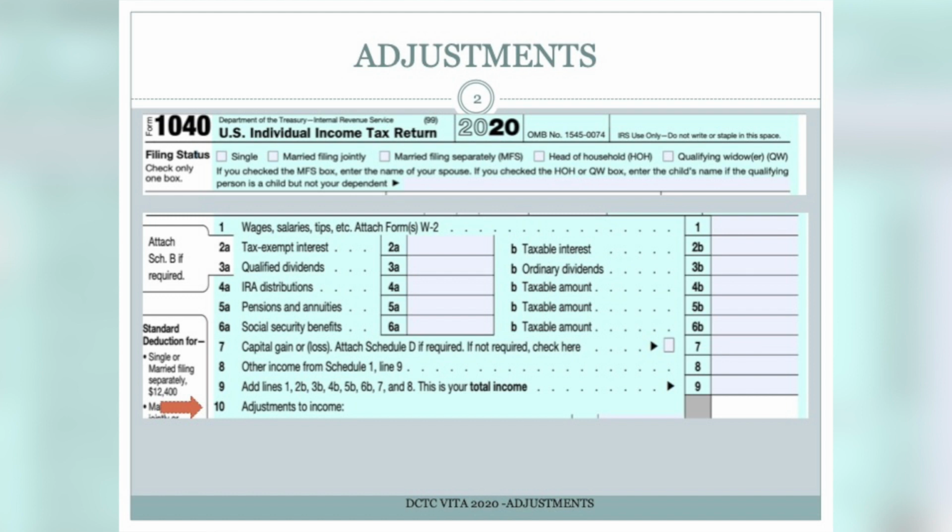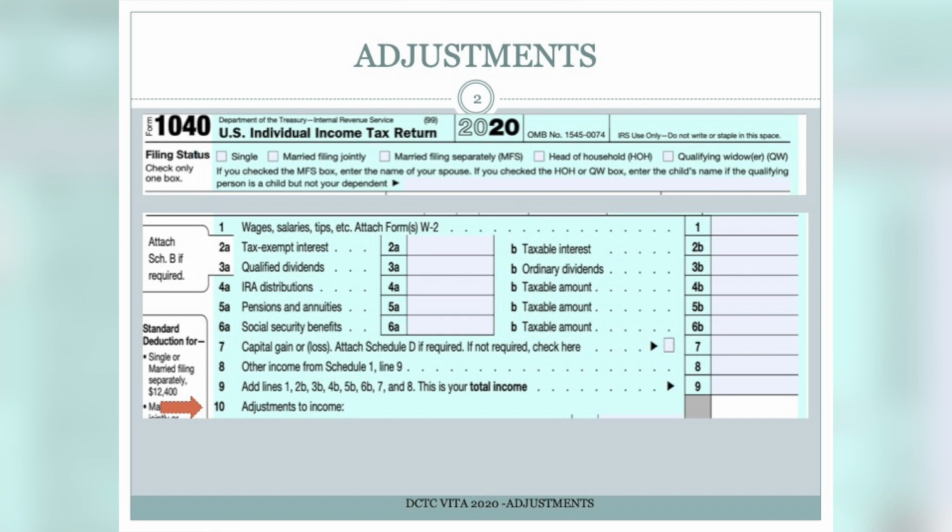Total income happens when wages, interest, dividends, IRA distributions and pensions, Social Security benefits, capital gains and losses, and other income from Schedule 1, such as taxable refunds or credits from state or local income taxes, alimony received, business income or loss, unemployment received, winnings from lotteries or gambling, jury duties, and all other types of income have all been reported. Once again, line 9 represents total income.